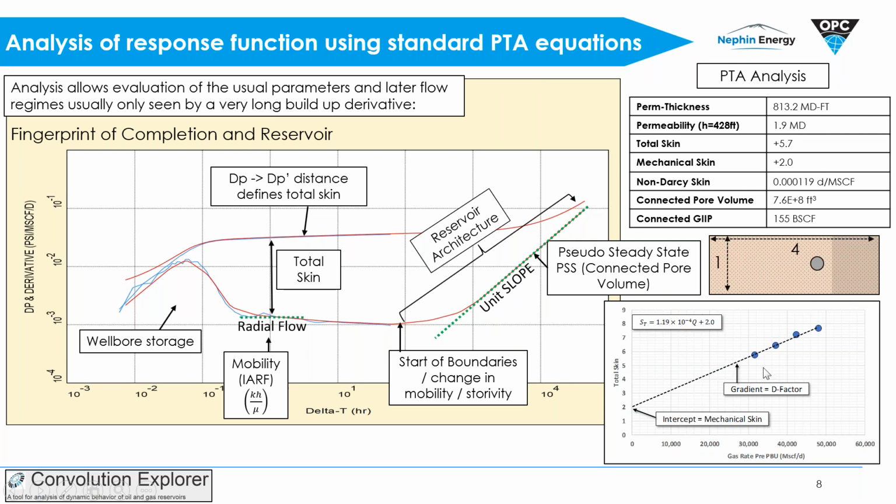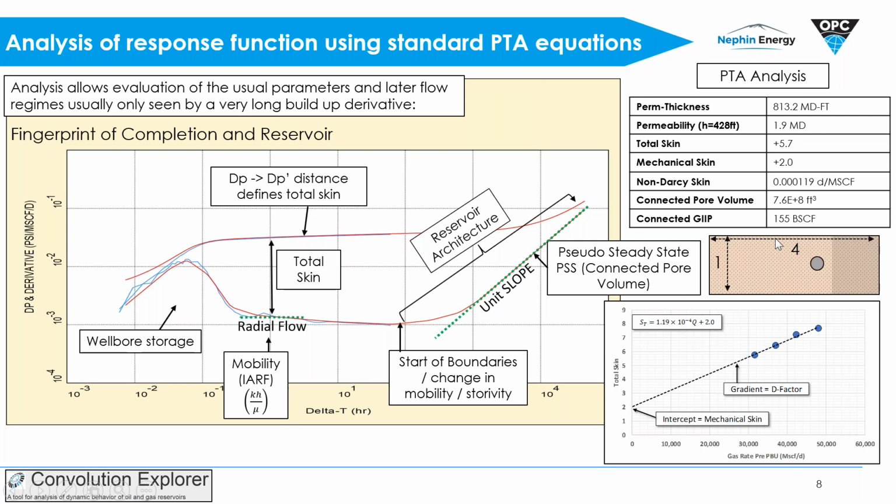Analyzing this over time shows that my mechanical skin is +2 and my non-Darcy skin is 1.19 times 10⁻⁴ days per 1,000 scf. Analysis of the reservoir architecture using standard PTA shows that my connected GIP would be about 155 BCF, and doing some quick PTA modeling shows that my reservoir geometry is more elongated like this rather than just a simple box around P101Z.